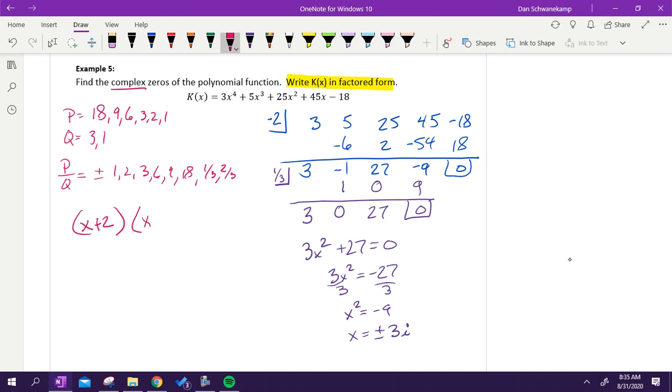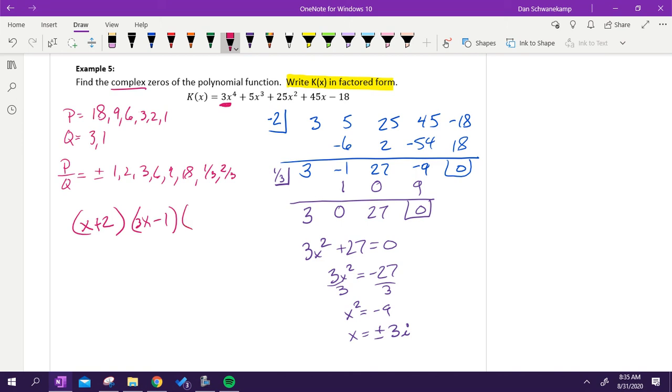I would rather you write that as 3x minus 1. Otherwise you're going to have a mistake in the end, because when I FOIL it back together, there should be a leading coefficient of 3. And if you write x minus 1/3, you're not going to get that leading coefficient of 3. So you could make it x minus 1/3, but in the end, you better put a 3 out in front of everything, so you might as well just put it now. 3x minus 1.